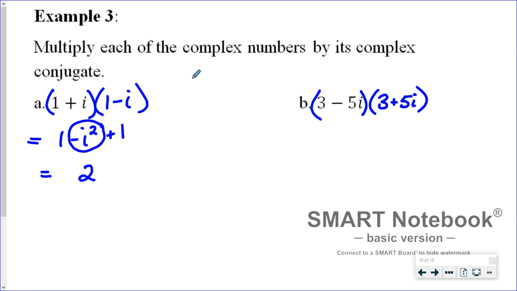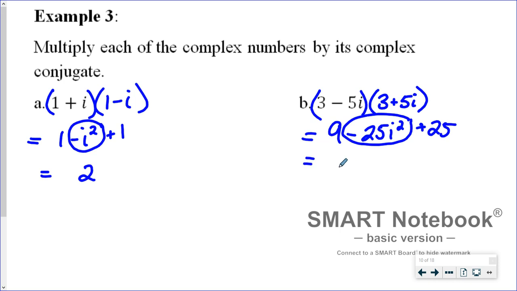This, of course, goes relatively quickly. 3 times 3 is 9. Then we get plus 15i minus 15i, which cancel, and then minus 25i squared, which just becomes plus 25. So this ends up being 34.